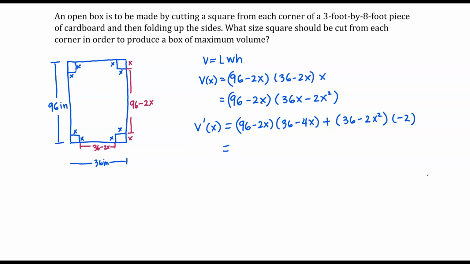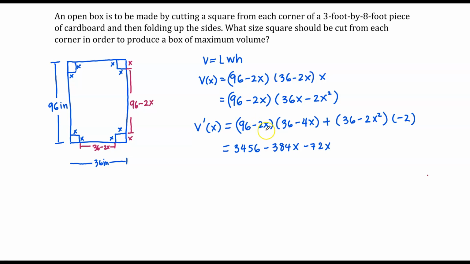Then you simplify. To simplify, you expand this using the FOIL method. 96 times 36 is 3,456. 96 times negative 4x is negative 384x. And negative 2x times 36 is negative 72x.